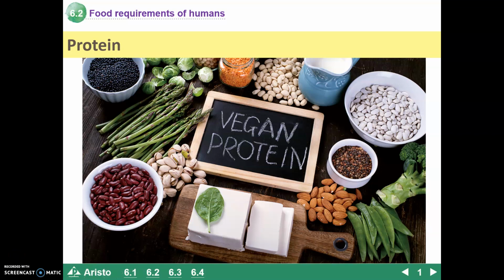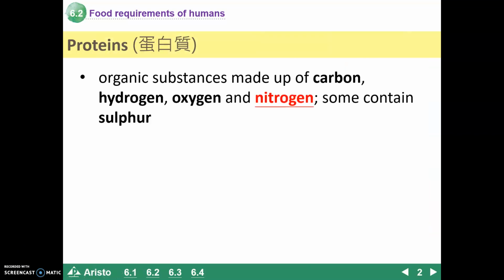Let's talk about protein. Protein is also a kind of organic chemical, just like lipids and carbohydrates.